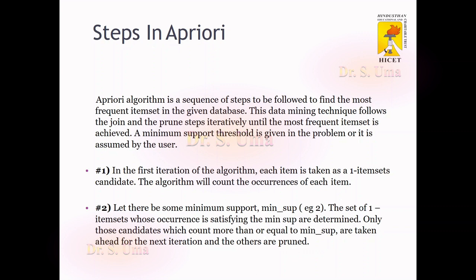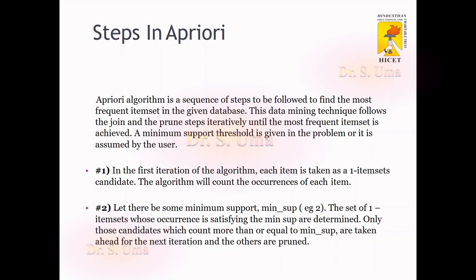With those, we then go for the 3-item set, 4-item set, likewise till the k-item set, wherein we don't have any other combinations, or the k-item set count is equivalent to null. So till then we do this iteration.